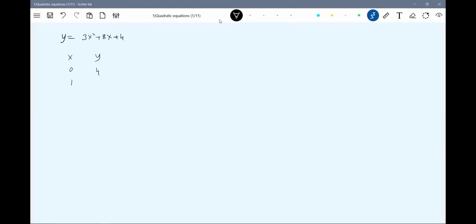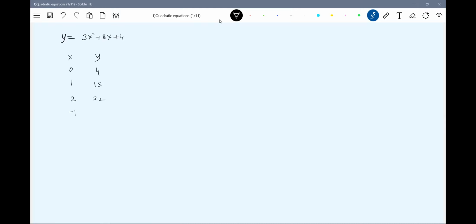Then x equal to 1. It will be 3 plus 8 plus 4, that is 15. The value keeps on increasing. For x equal to 2, it will be 12 plus 16 plus 4, that is 32. Then let me try x equal to minus 1.